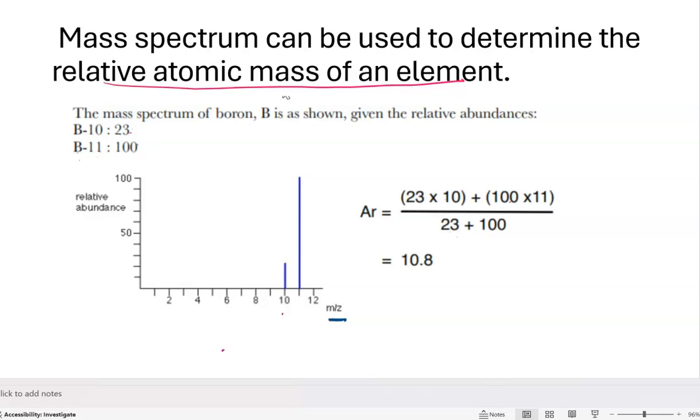Therefore, calculating relative atomic mass: abundance 23 times mass to charge ratio 10, plus relative abundance 100 times mass to charge ratio 11, divided by the total abundance, which is 123.